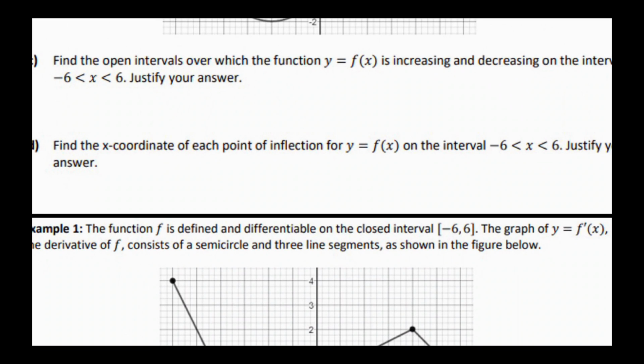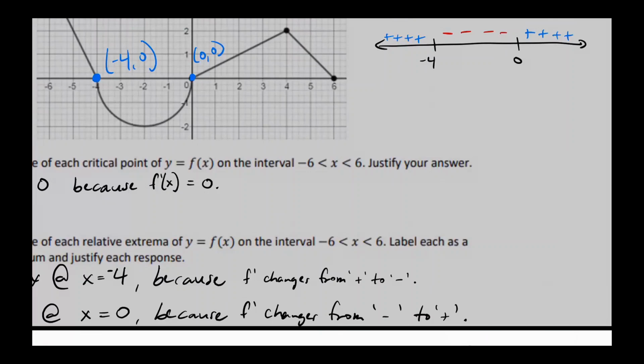When we did this guy over here on the board, how did we tell if it was increasing or decreasing? Where did we look for increasing, decreasing? What happened before the critical value? What happened after the critical value, right? We looked at this guy right here.